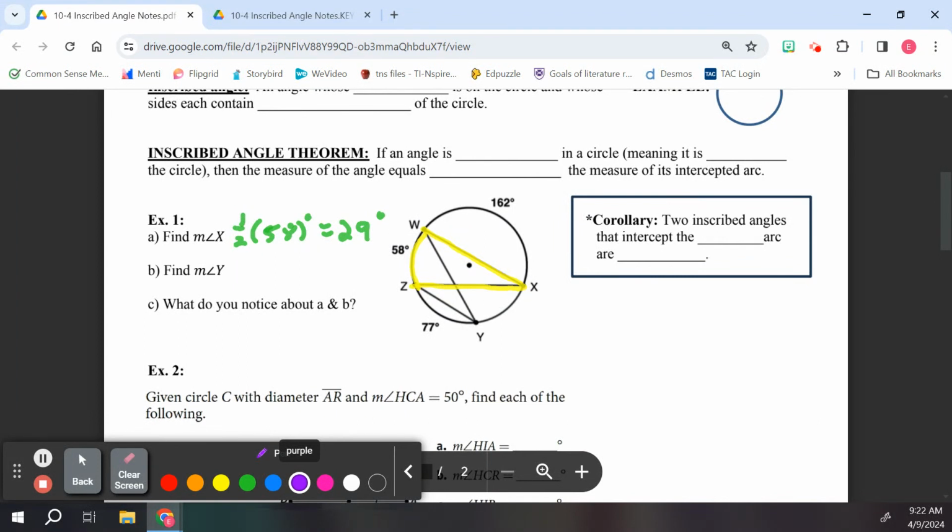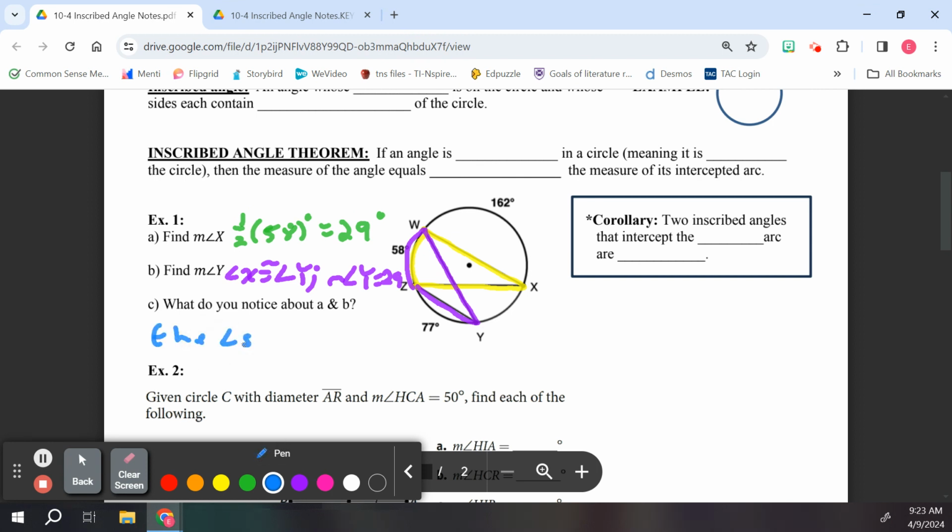Now, they want the measure of angle Y. So here's angle Y. It intercepts the same arc. So again, it's half of 58, or you can just state that angle X is congruent to angle Y. So the measure of angle Y is 29. Now, what do you notice about parts A and B?